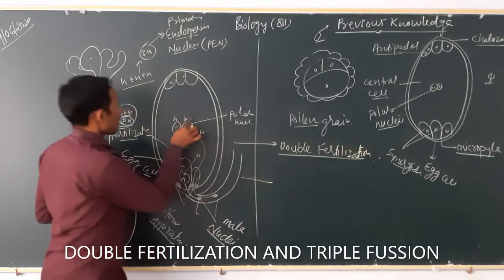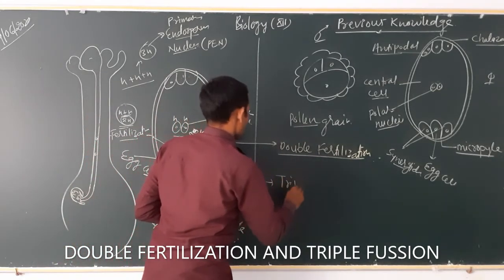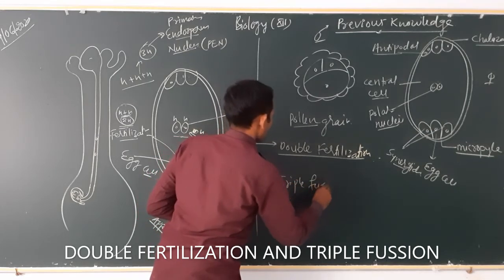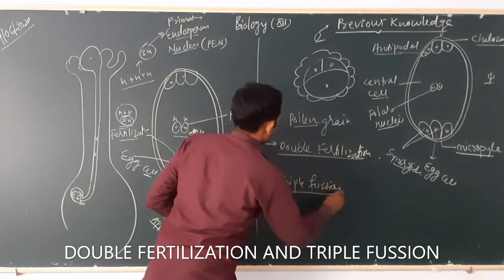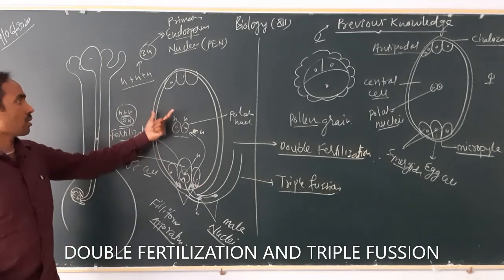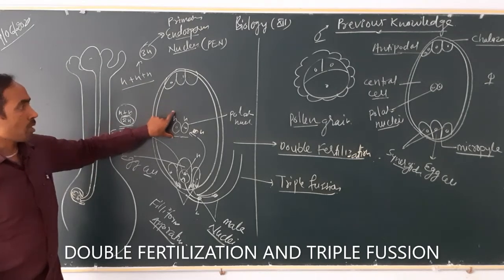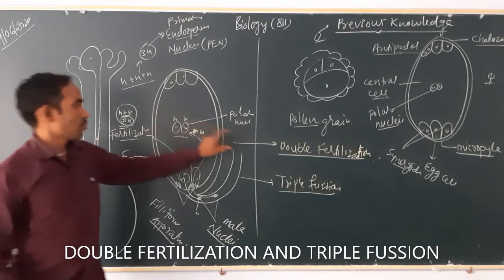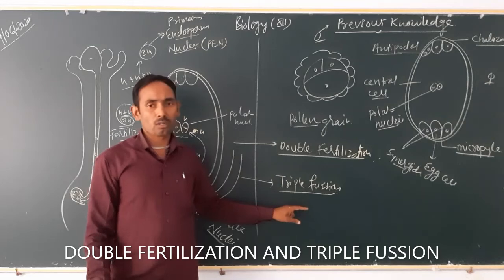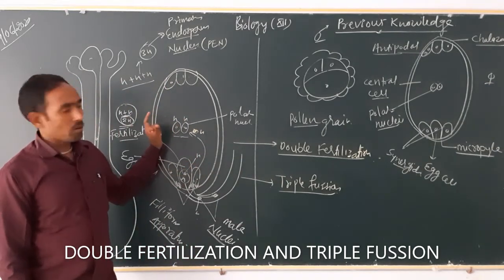And here how many are fused? 3 are fused. So another term is triple fusion. This is the only event which differentiates angiosperm plants from gymnosperm plants. In gymnosperm plants fertilization also takes place, but double fertilization and triple fusion do not take place. So this is the identity of angiosperm or flowering plants.